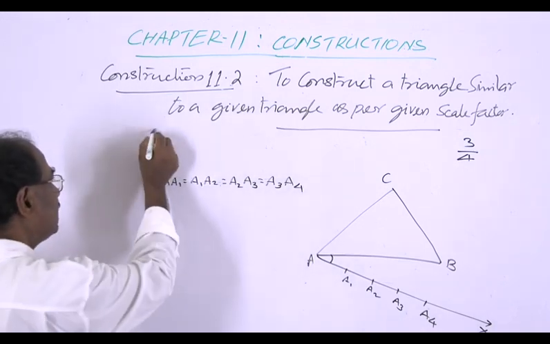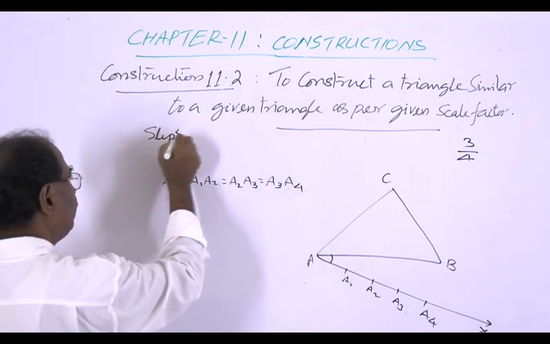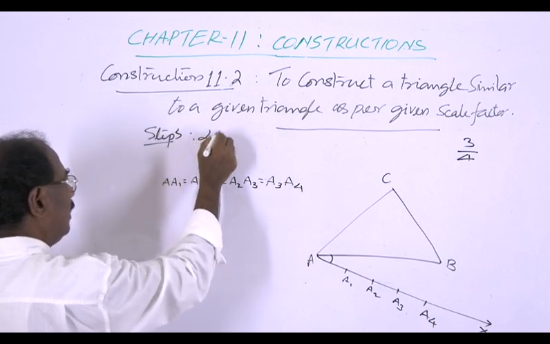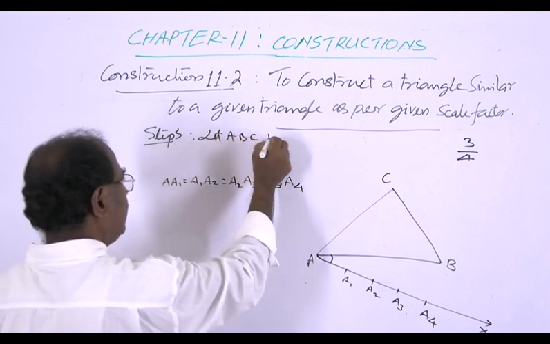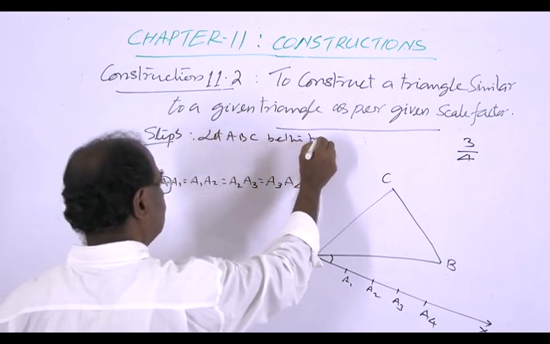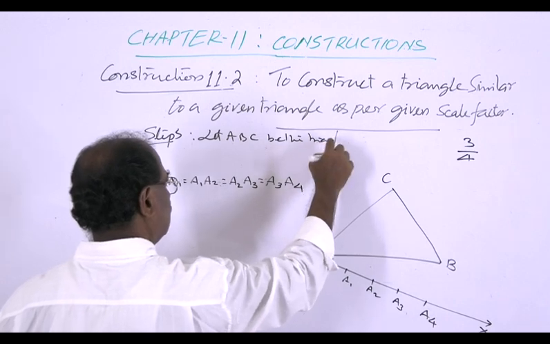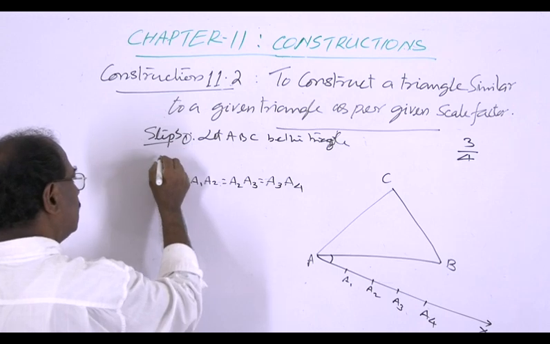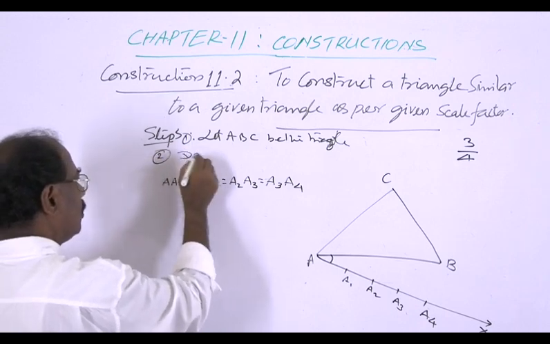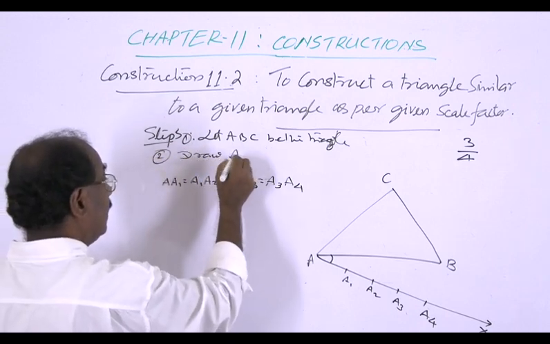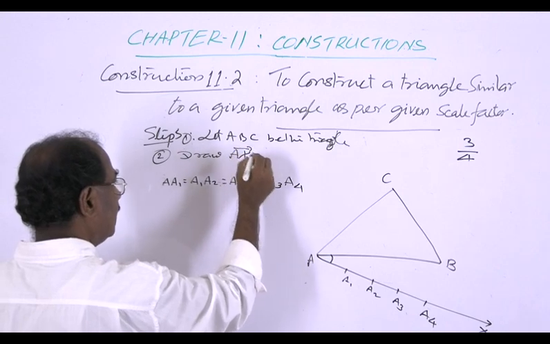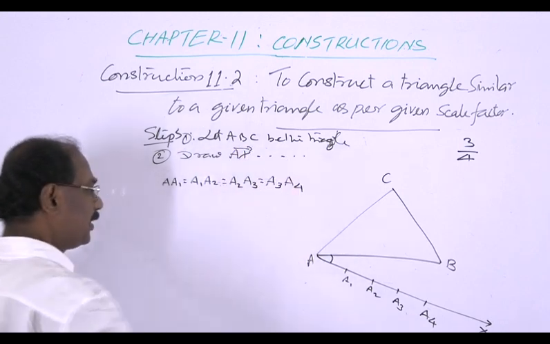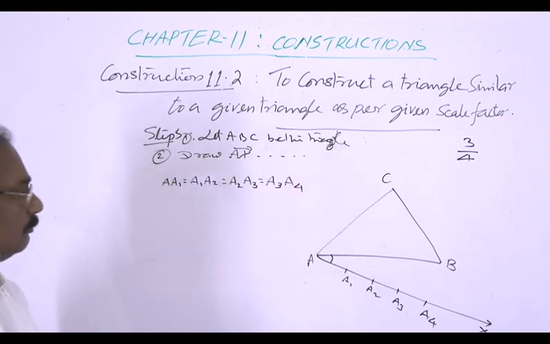So we have to write these steps. Let ABC be the triangle. Step 1. Step 2. Draw AX, the ray making an acute angle with the AB.